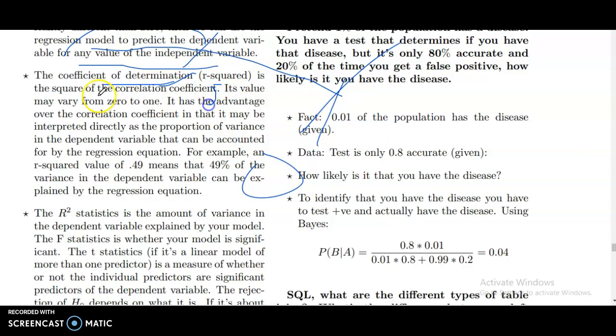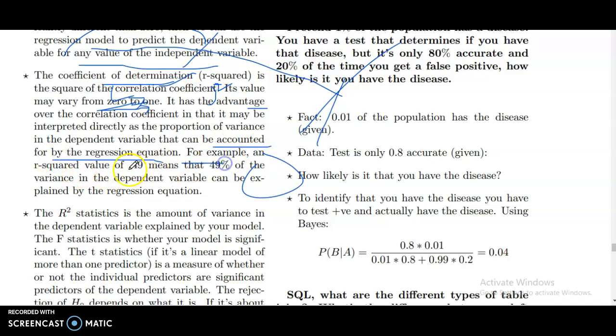Square of the correlation. R squared. Its value may vary from 0 to 1. It has the advantage over the correlation coefficient in that it may be interpreted directly as the proportion of variance in the dependent variable that can be accounted for by the regression equation.